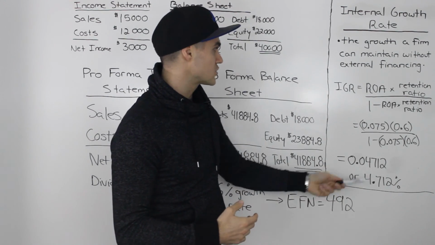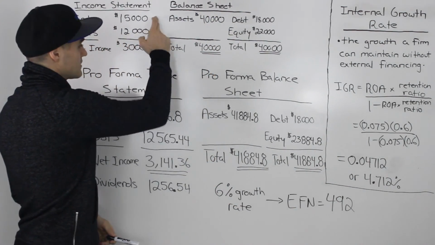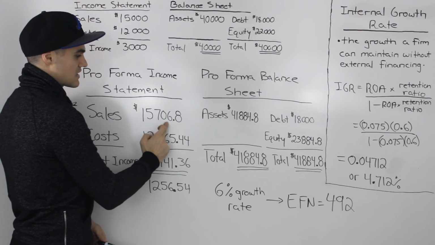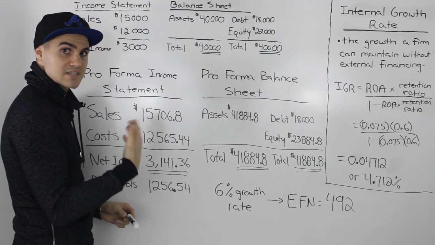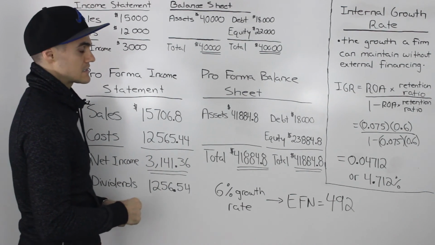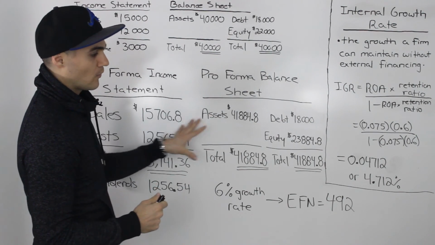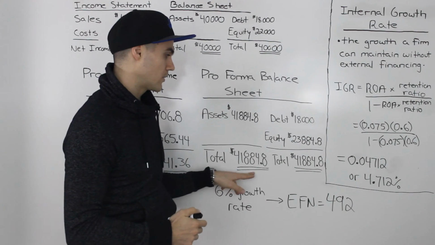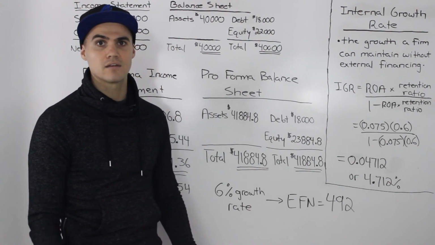Then once you get that internal growth rate, you would just grow that sales amount by that internal growth rate, and you would get this final sales figure of 15,706.8. So the sales can grow to this amount before any external financing is needed. I just wanted to go all the way making these pro forma statements just to show you how it all balances in the end.